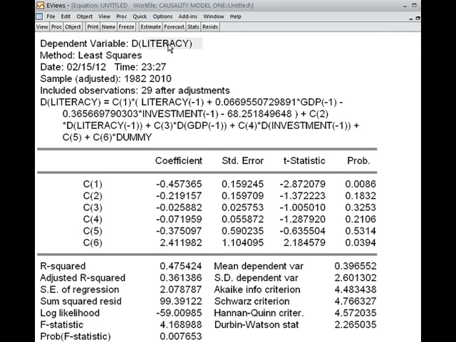I am telling again, if the coefficient is positive, and it is already positive, and if it is significant, and it is already significant, meaning that the welfare state that Maria has entered has a positive impact on the rate of literacy, that means Maria land has taken the right policy by converting the country into a welfare state.